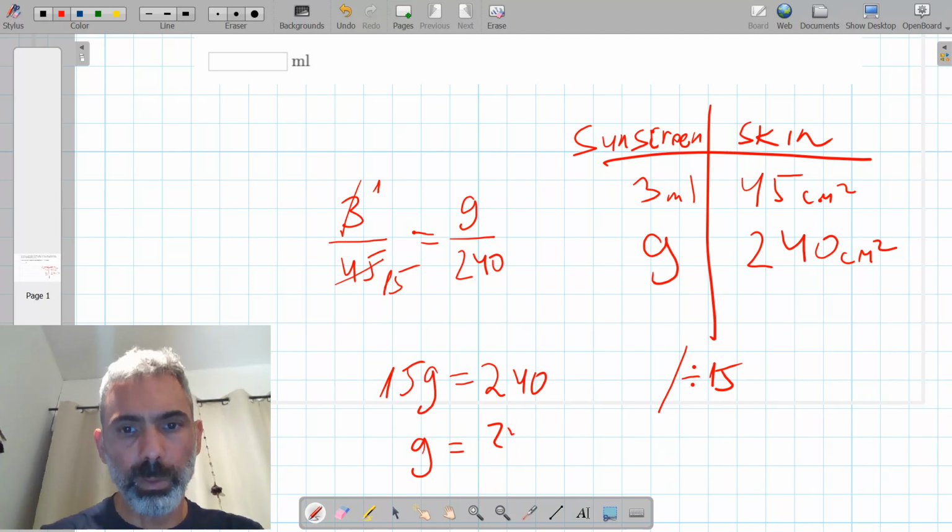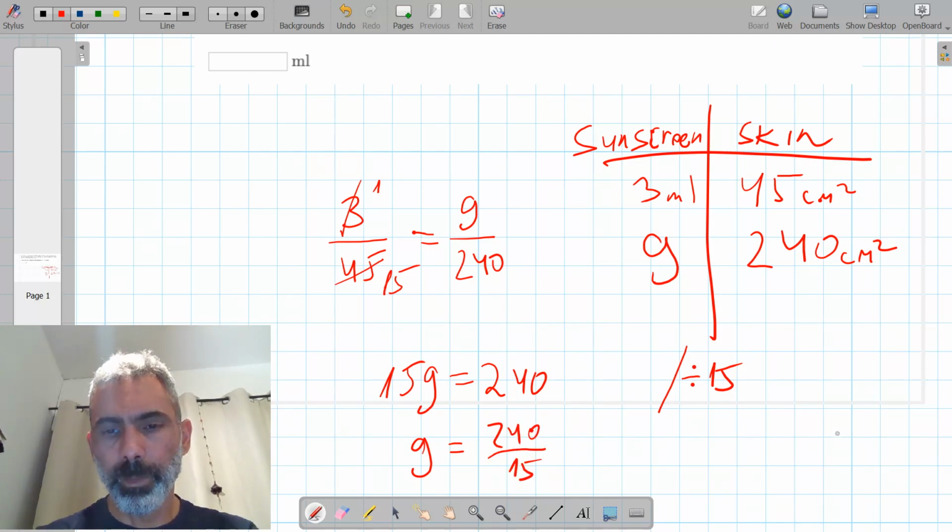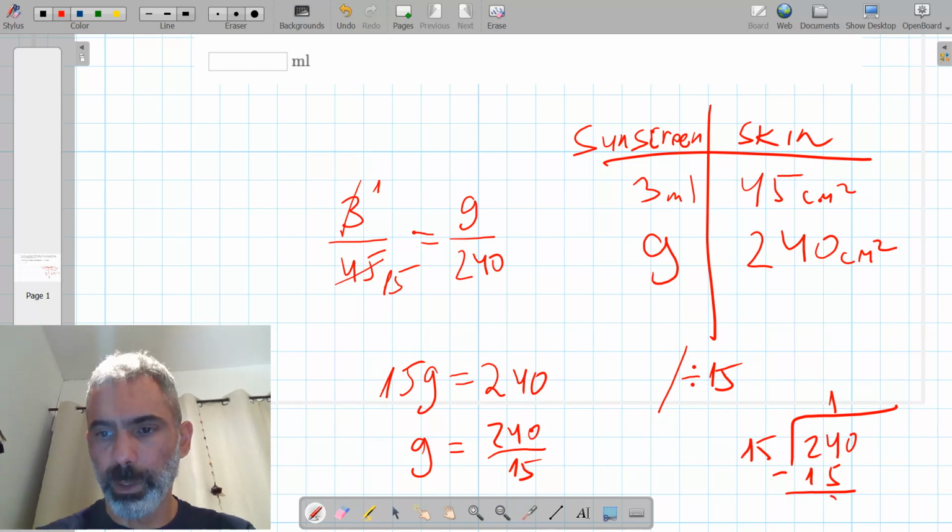So G equals 240 divided by 15. 240 divided by 15. 15 goes into 24 1 time. 1 times 15 is 15. 24 minus 15 is 9. Bring down the 0. 15 goes into 90 6 times, right? 6 times 10 is 60, and 6 times 5 is another 30.